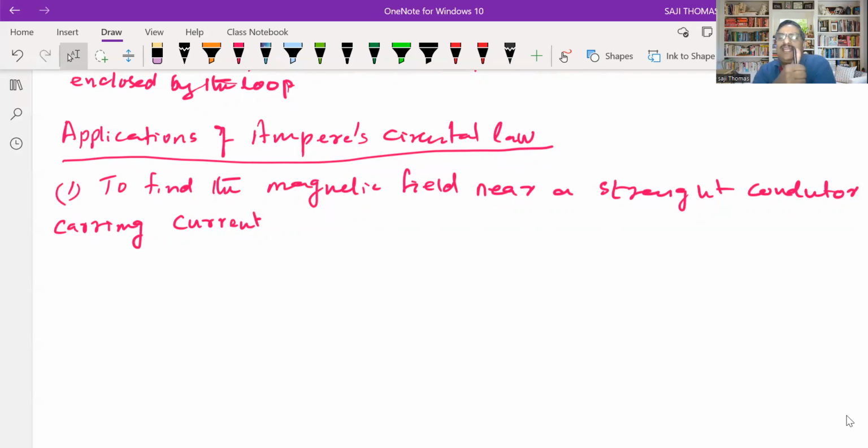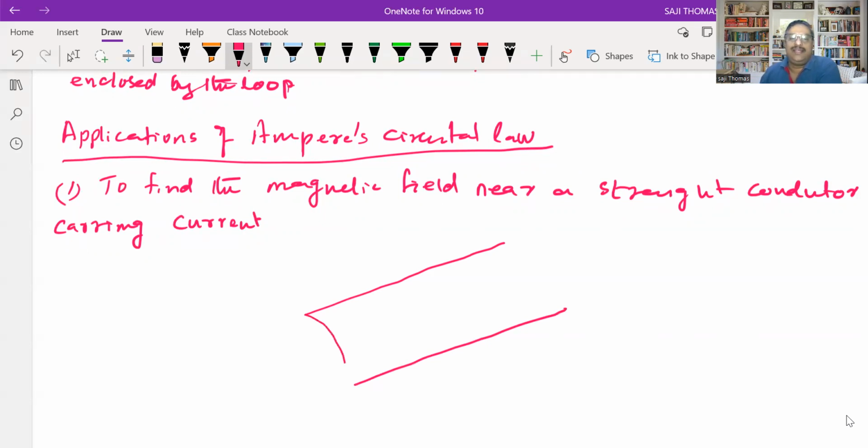You imagine a straight conductor or a straight wire. So I am drawing it a little bigger. This is a straight conductor. This cross section is circular in shape. The cross-sectional area is an open surface.